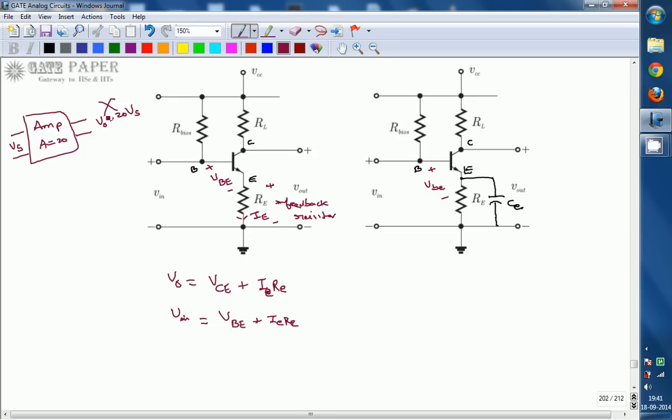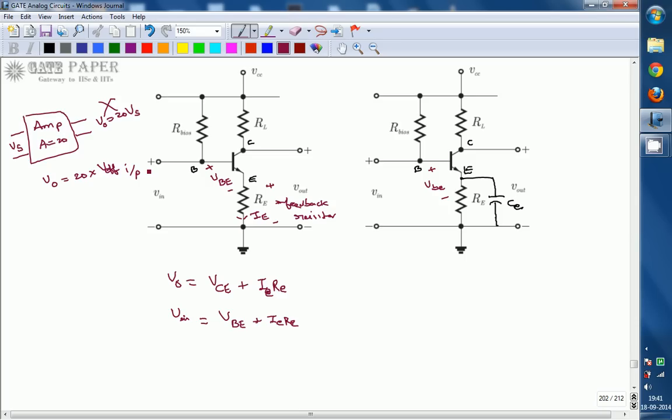The amplifier amplifies the input signal by 20, but what input signal is important? It is not the applied input signal, it is the effective input signal. So V0 is equal to 20 times V effective, the effective input signal.